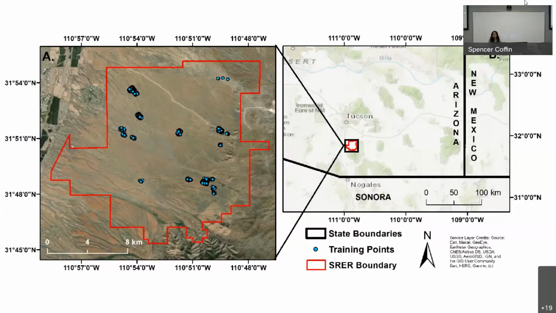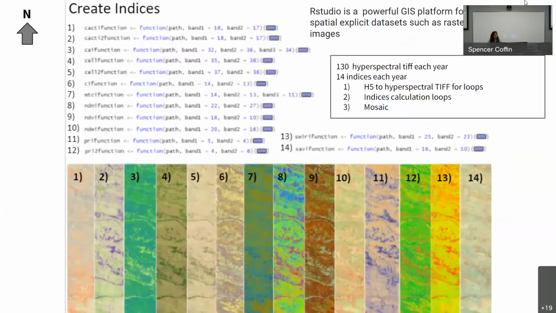It's like 21,000 hectares. First, I took all of their available hyperspectral data from multiple years. They have 3 years of data. I took all of that data, ran it in R, and created indices for all 3 years.